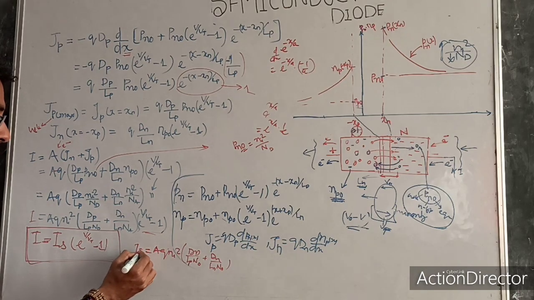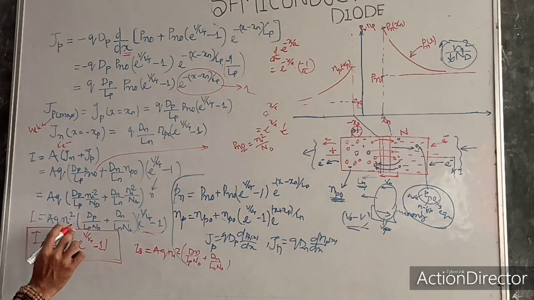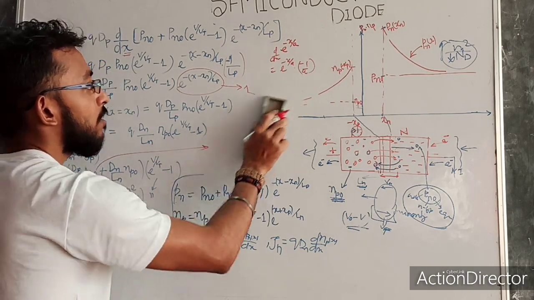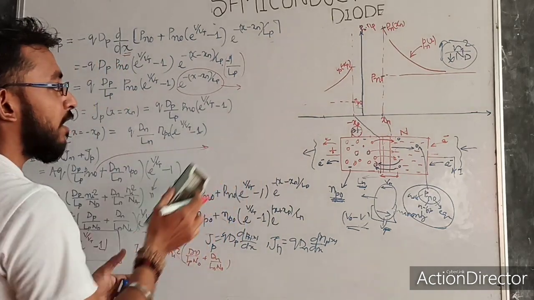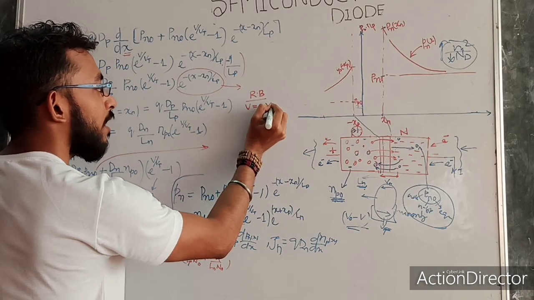I told before that in place of the drift current I am showing Is. Why is this Is? When I apply a negative voltage, that means reverse bias. Take the condition of reverse bias: my voltage is negative.